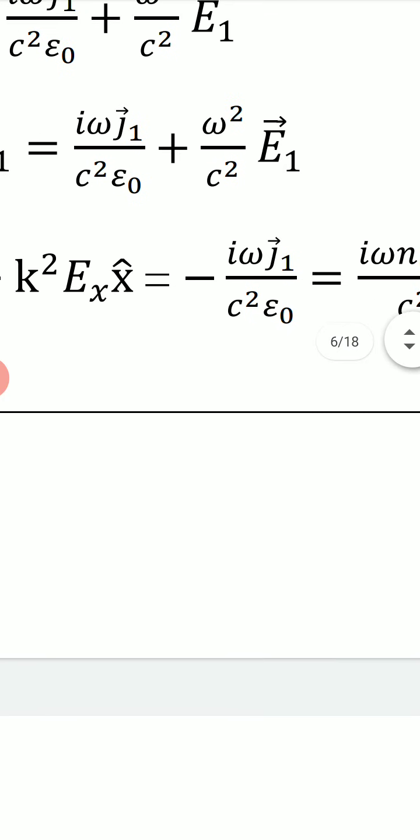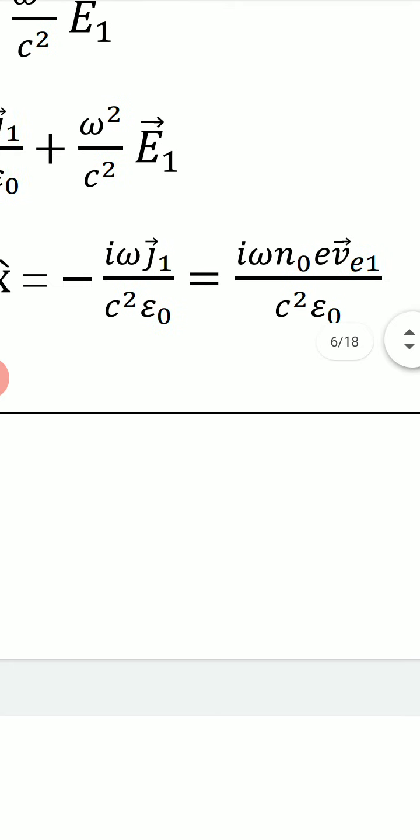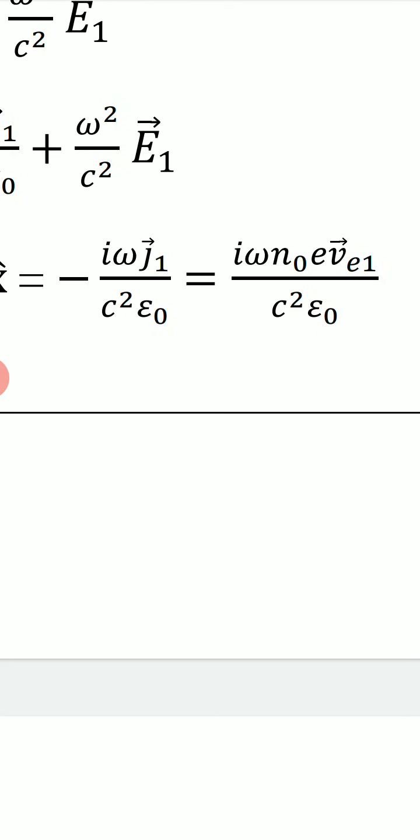Then this will be equal to minus i omega j1 upon c square epsilon 0. And the value of j1 is minus n0 e ve1.